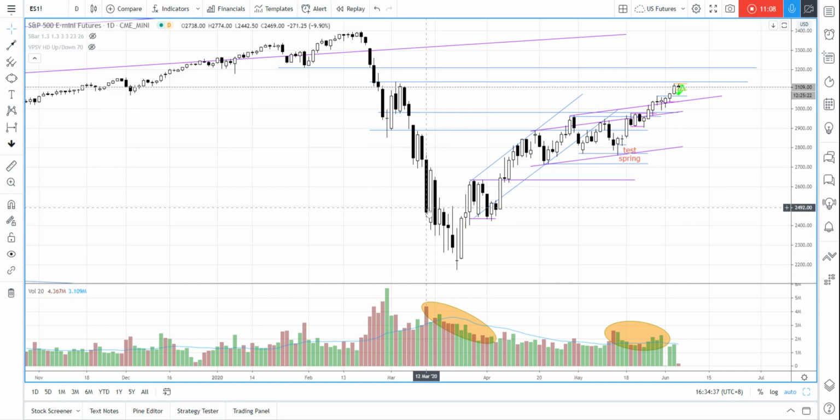We have seen the spike here, or actually it's the 12th of March here. So we have seen accumulation on the way down, and also latecomers joining in to the bull run here at the spring area, followed by a push up. So this is all reflected in the volume signature here.